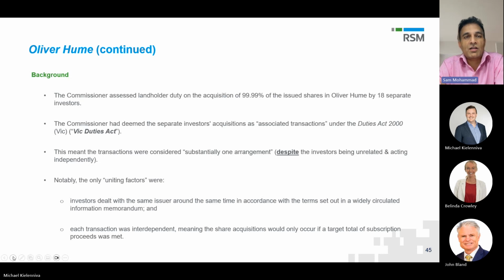But because the transaction itself was seen as one arrangement, landholder duty was payable on the collective of the 99.99% interests acquired by all of the investors, which is effectively a second round of duty. There would have been one round of duty when the SPV acquired the property, and a second round of duty when all of the investors then came in, which was obviously not an outcome that the taxpayer was after.